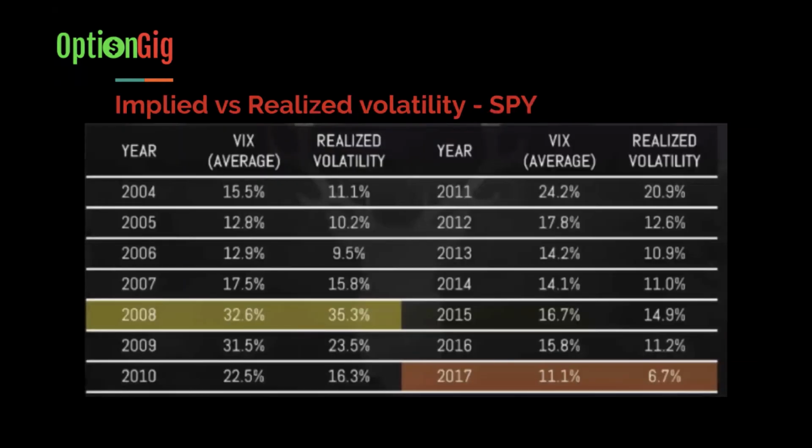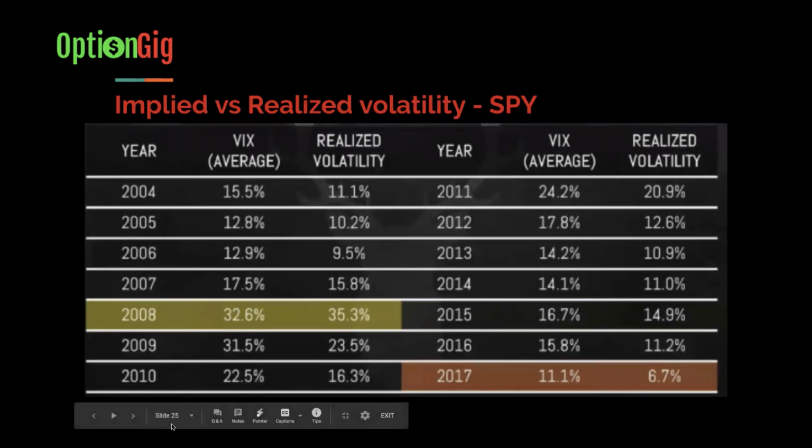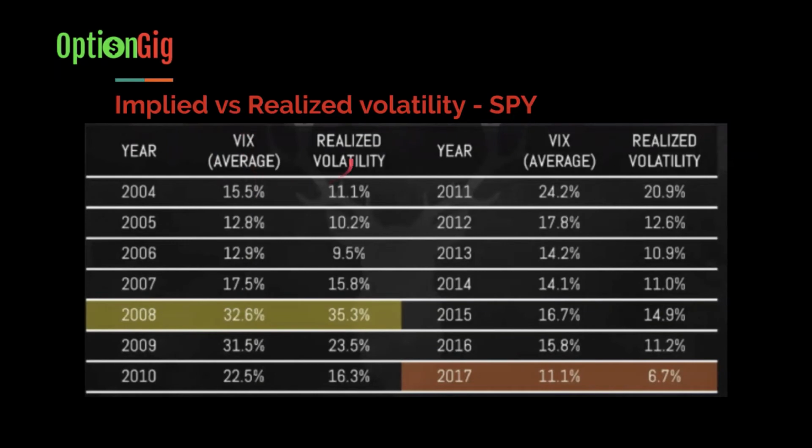So here's one, and again, this is from Tasty Trade. They do a lot of back testing and publish a lot of studies. This is one study wherein they looked from 2004 all the way till 2017 at what the implied volatility of the S&P 500, represented by the VIX, was, and what actually happened. How much did the SPY actually move?